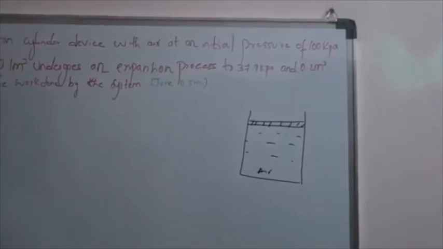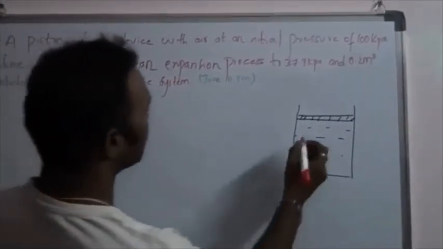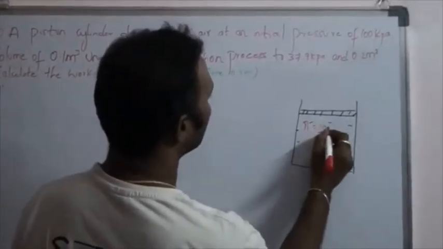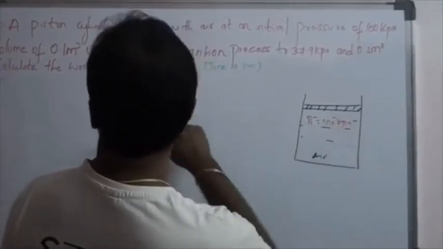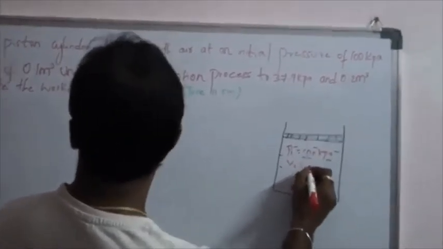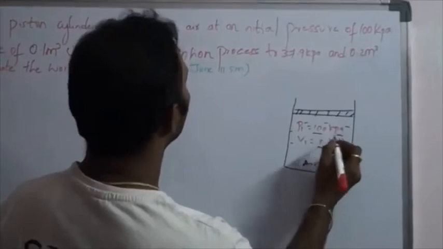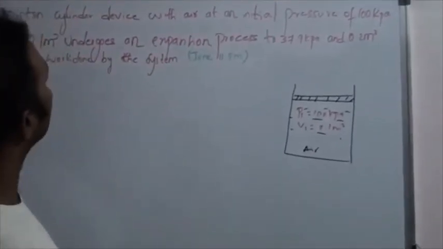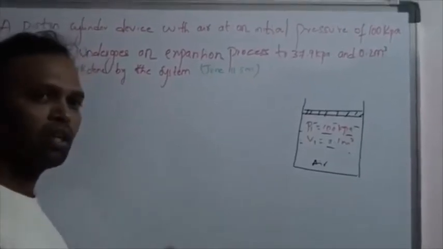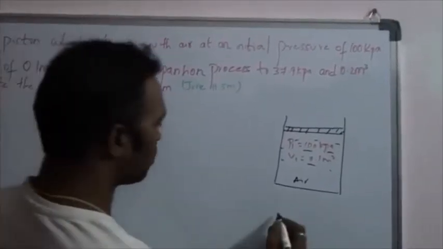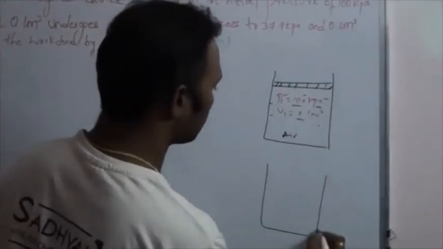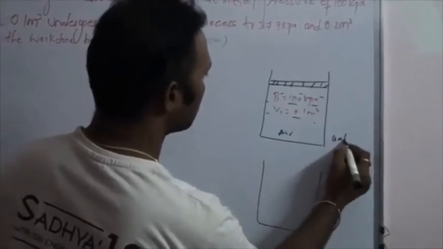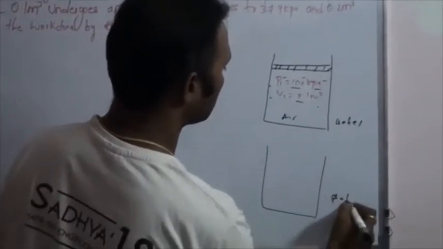Initially, the pressure at state 1 is 100 kPa and the volume is 0.1 meter cube. After this, at state 2, the expansion process is going to take place. So let us draw the sketch of state 2. This is state 1 and this is state 2.